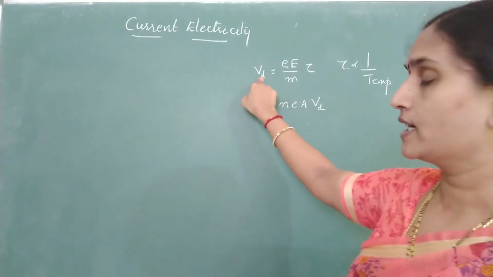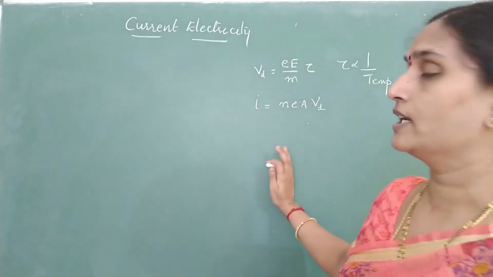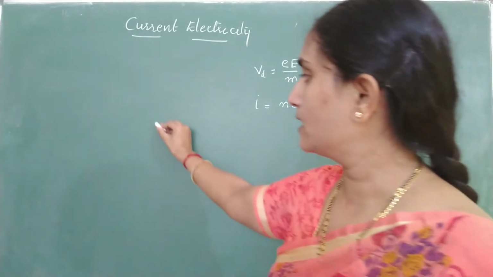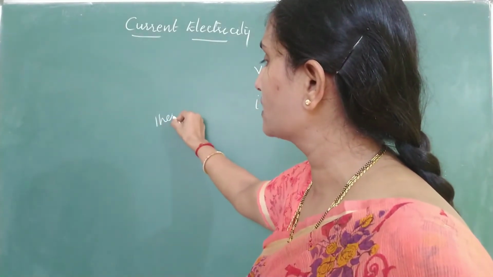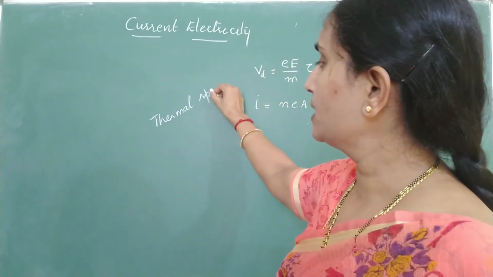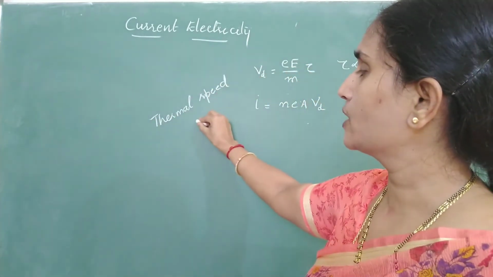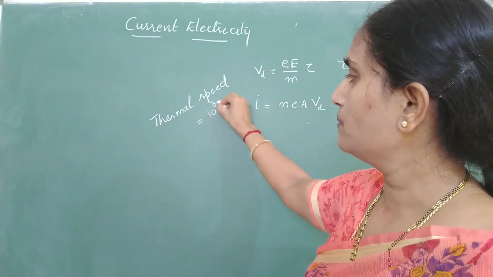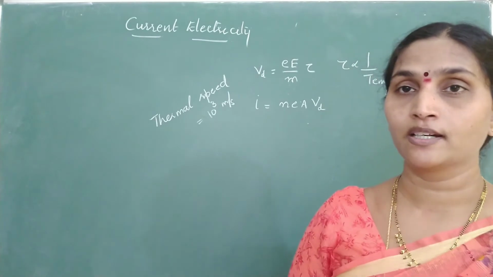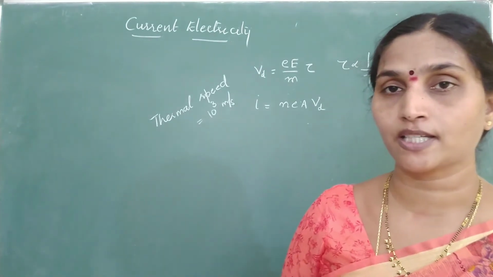And we have already studied that in the absence of an electric field, the electrons are in random motion, and the speed with which they move is called thermal speed. What is the order of thermal speed of electrons? Thermal speeds are very high, 10 to the power 3 to 10 to the power 5 meter per second.